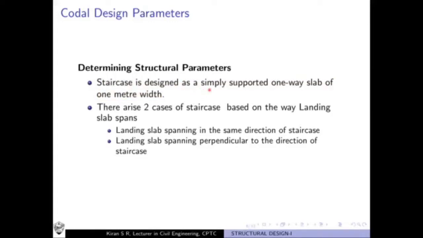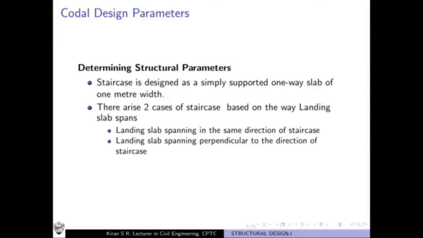We assume that the staircase is nothing but a one-way slab, and the same design procedures which we followed in case of one-way slab, we will replicate here also, with the presumption that the width of the strip is 1 meter. We have already done that in case of one-way slab.